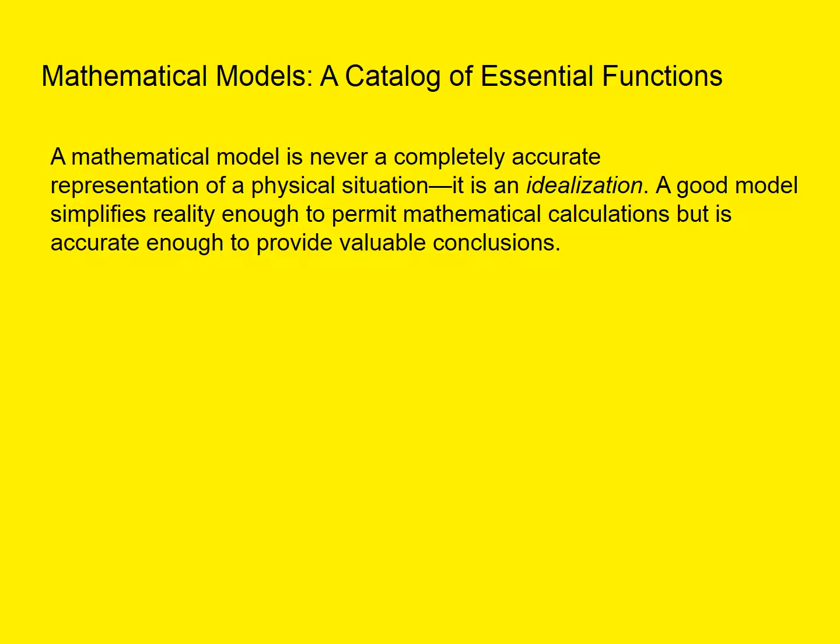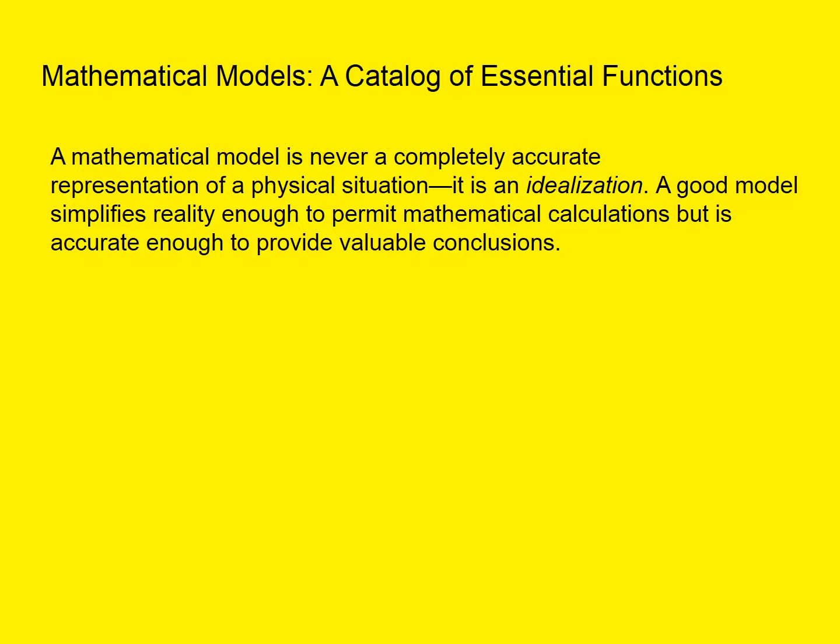A mathematical model is never a completely accurate representation of a physical situation. It is an idealization. It is a reduction of all of the real-world variables that are out there to just a few, or maybe just one. A good model simplifies reality enough to permit mathematical calculations, but is accurate enough to provide valuable conclusions.